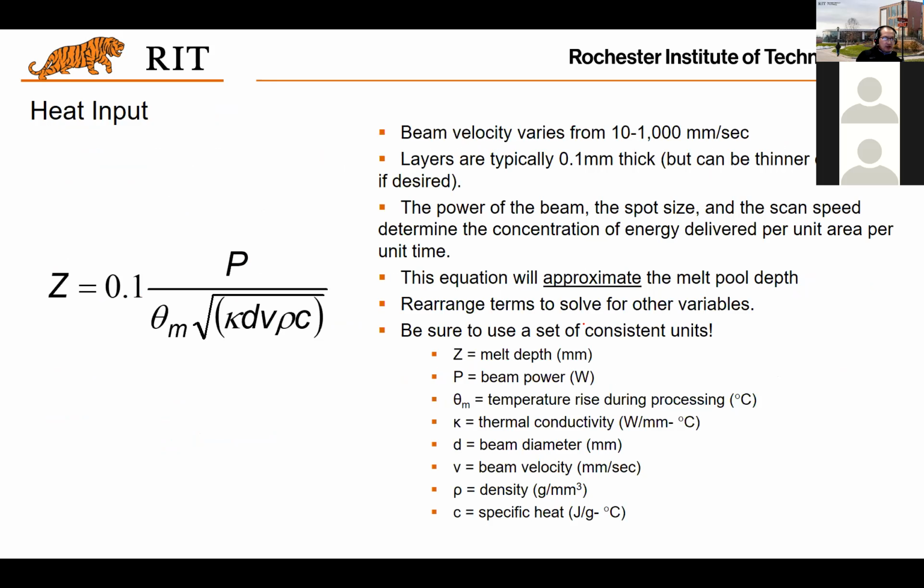So this equation is very important, and that represents the heat input. If you check this equation, there are several parameters like Z, the melting depth, beam power, temperature rise during the process, thermal conductivity, diameter, velocity, density, and the specific heat capacity, and so on.